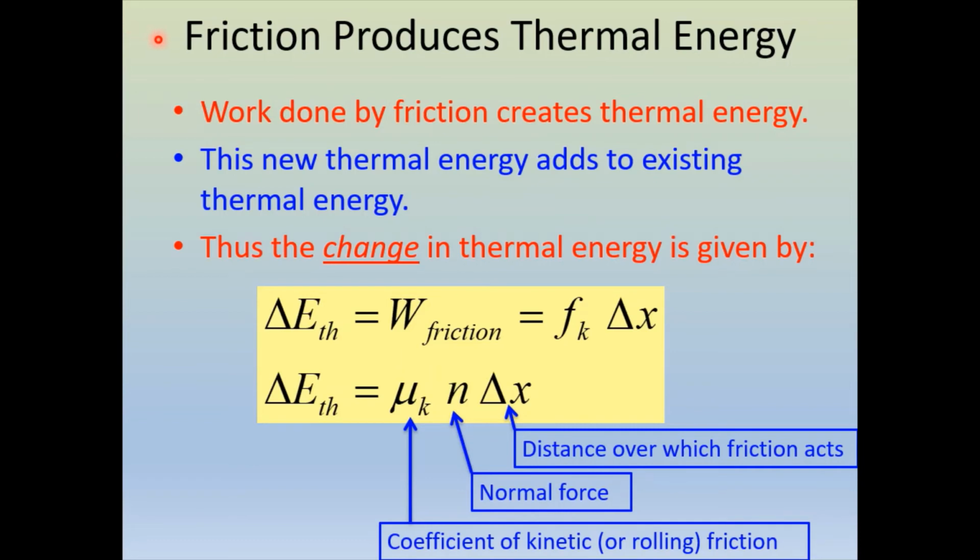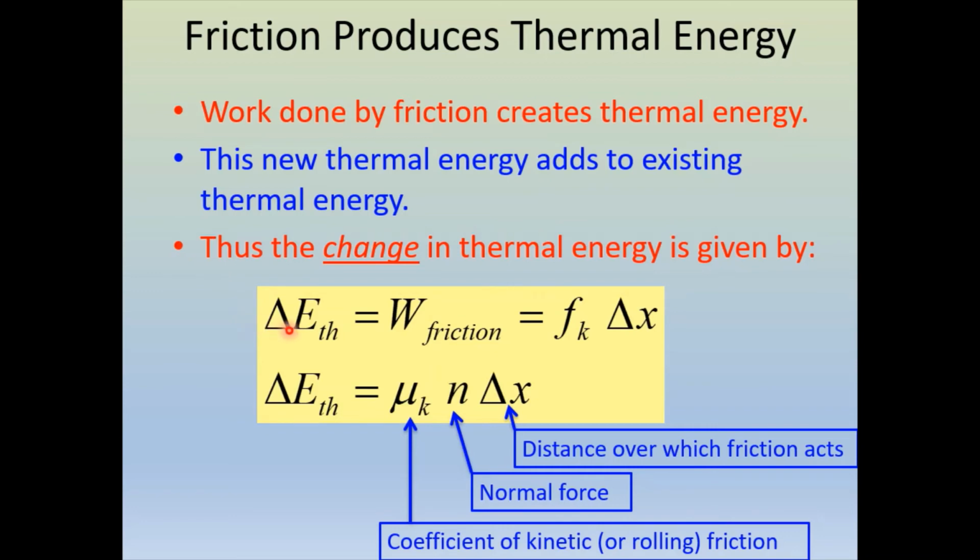So we saw in the computer simulation that friction produces thermal energy. So the work done by friction creates thermal energy. This new thermal energy adds to any existing thermal energy. Thus, what we're going to deal with is the change in thermal energy, and that's given by this equation here.